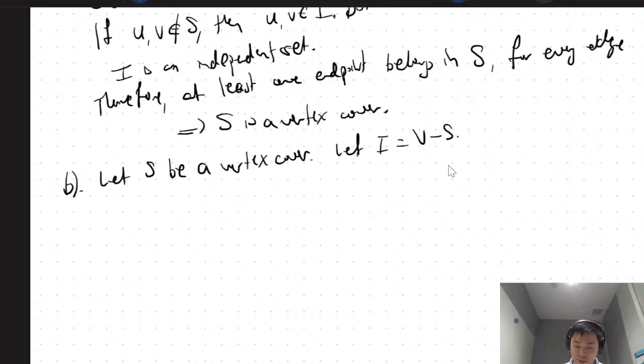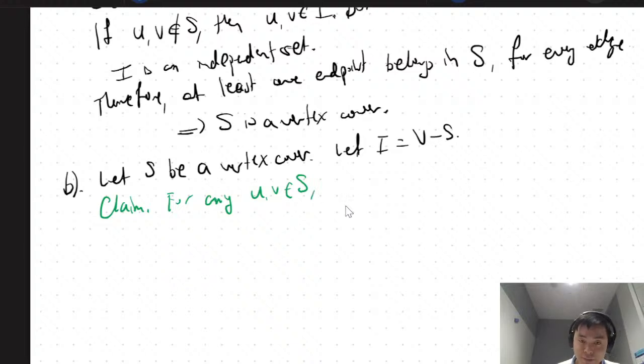What I need to show is for any pair of vertices, they can't share an edge. So what I want to show is for any U and V that belong in I, U and V do not share an edge.